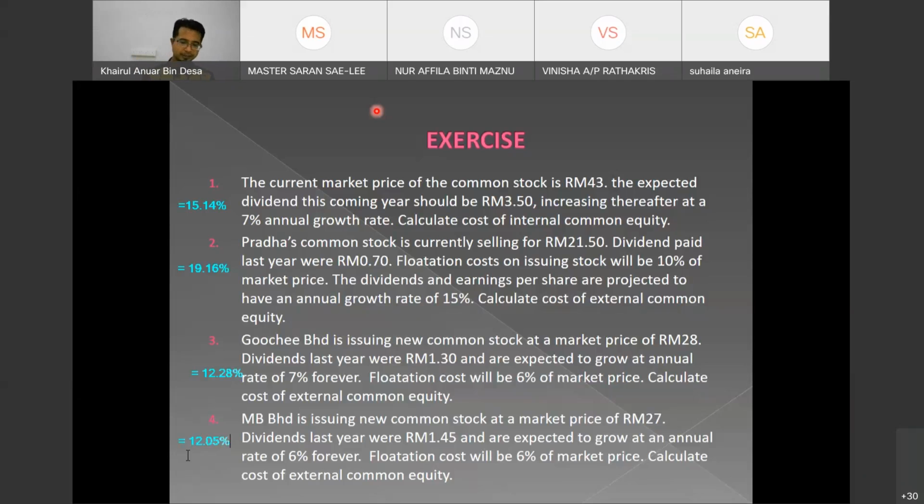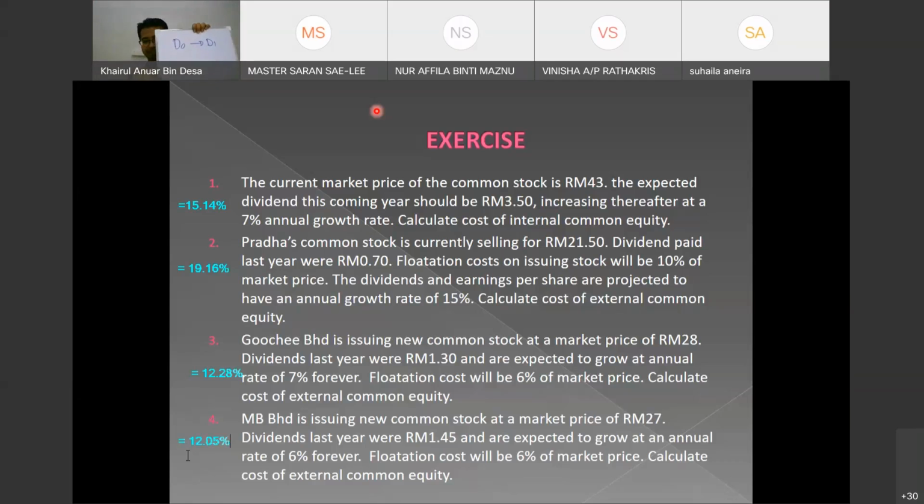So here the last year dividend is D0. Okay, D0. So you boleh nampak ni? You have to convert D0 to D1.